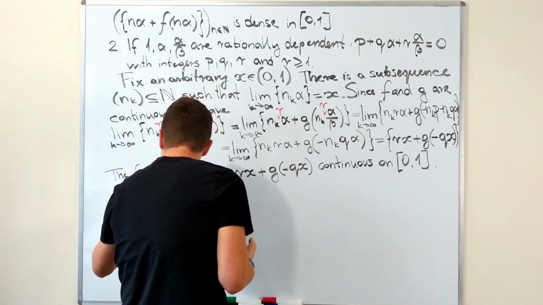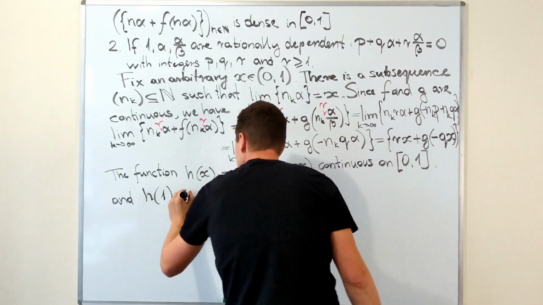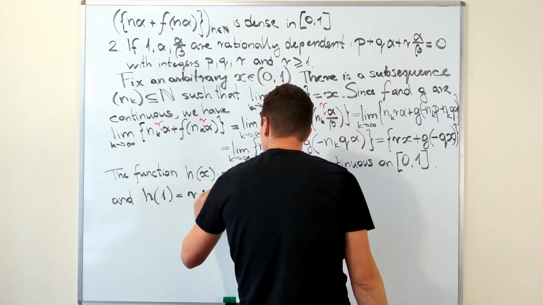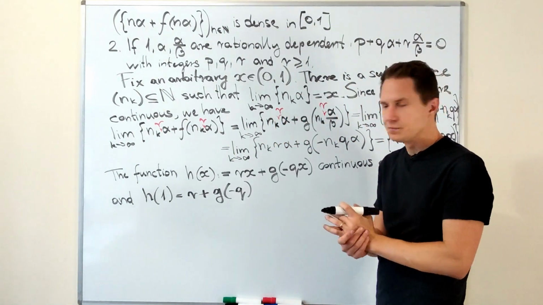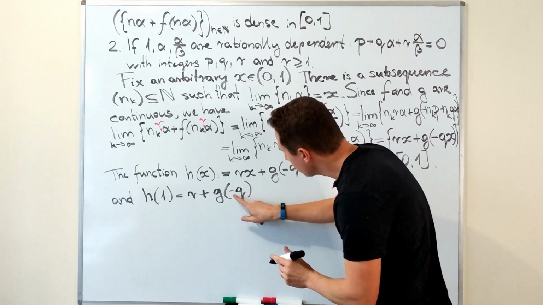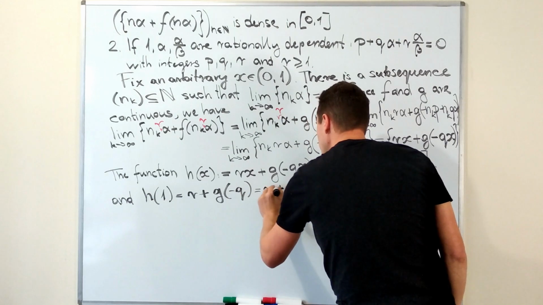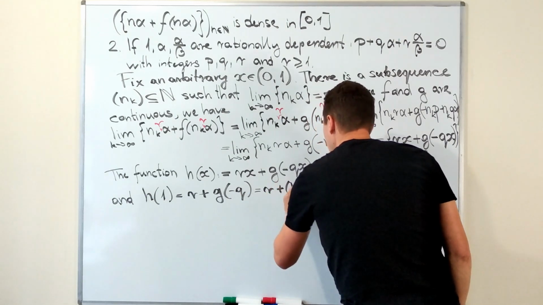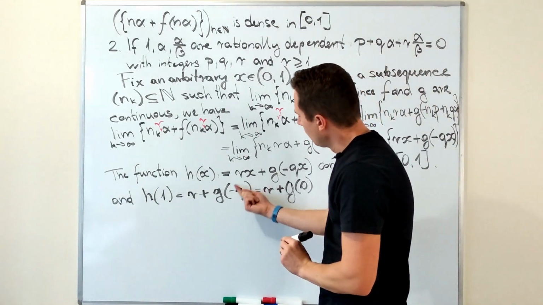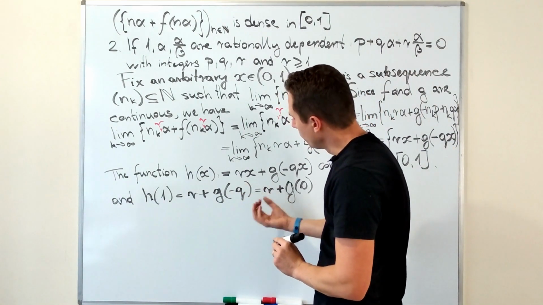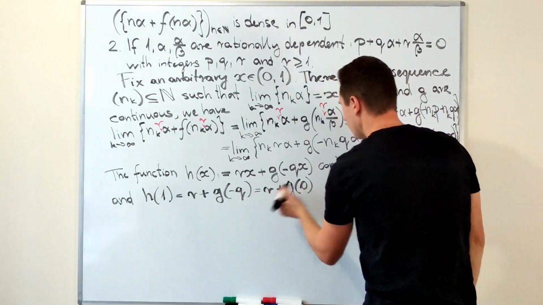So h of 1 is of course equal to r plus g of minus q, which, notice that it's an integer, is the same as r plus g of 0, because of the one periodicity of g. We can shift this step by step, in unit steps, to 0.